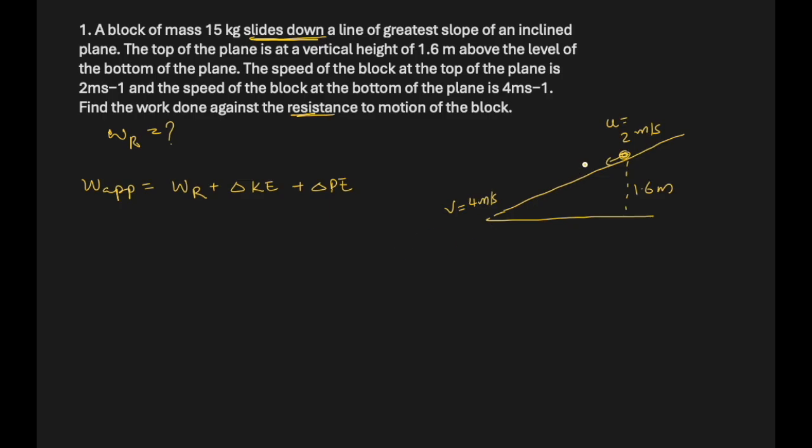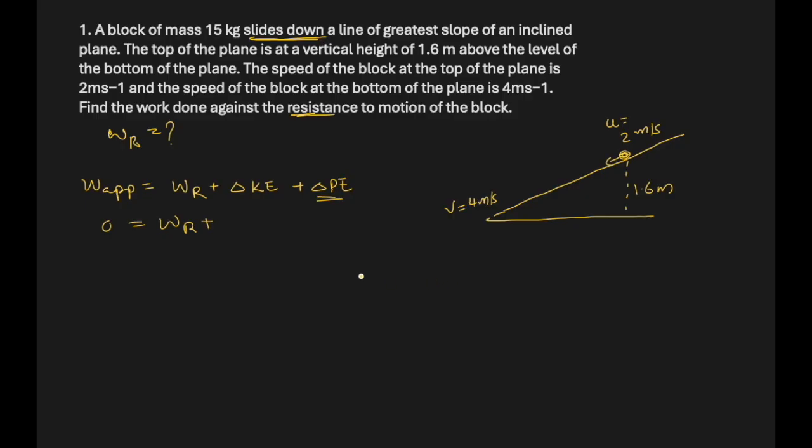There is a natural force due to gravity because of its weight, but that will be taken care of by delta PE. So there is no applied force, so 0. The work done against resistance we have to find out.